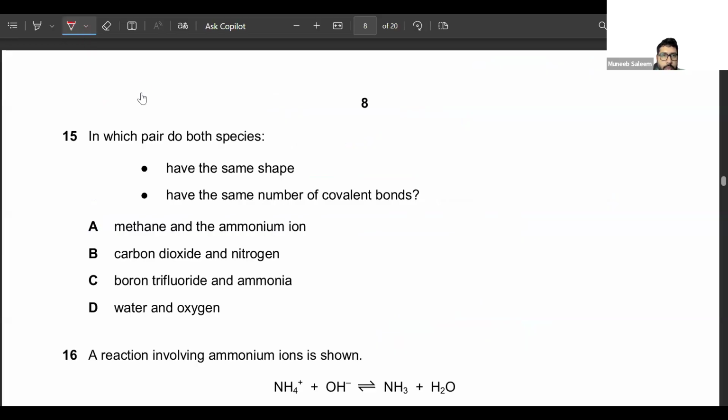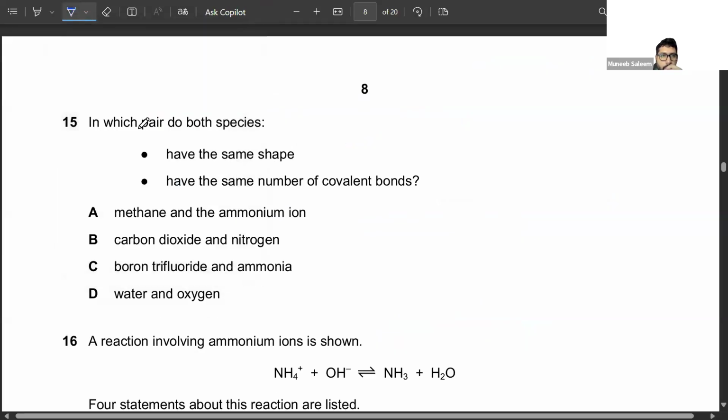Now the question number 15, it says, in which pair do both species have the same shape and same number of covalent bonds? So we need to remember the formulas in order to get the right answer. The carbon dioxide has this shape and this formula. It contains a linear shape, and nitrogen, on the other hand, has a triple covalent bond with another nitrogen atom.